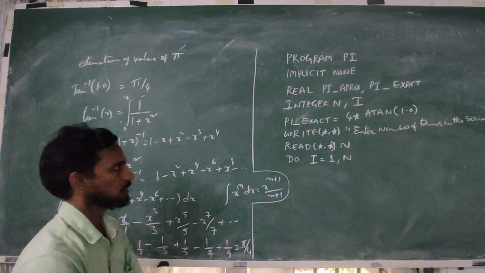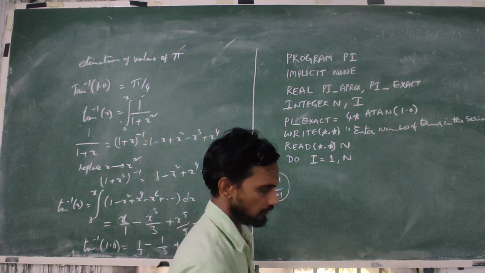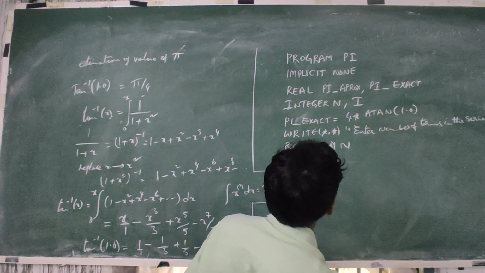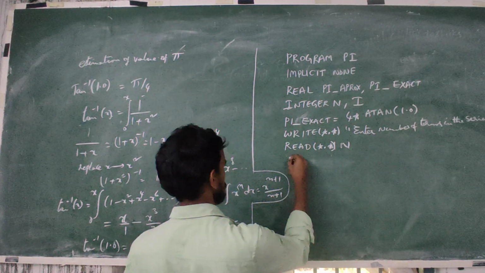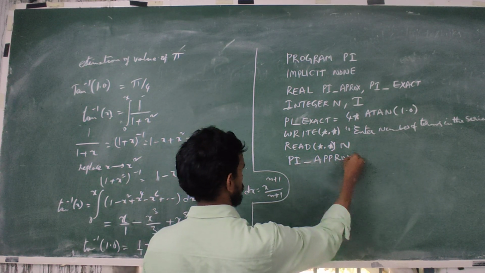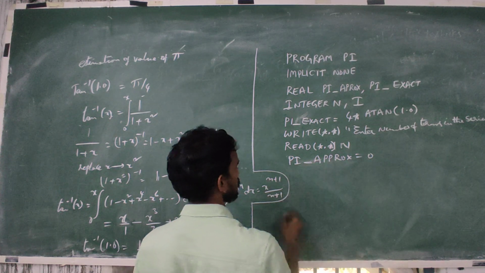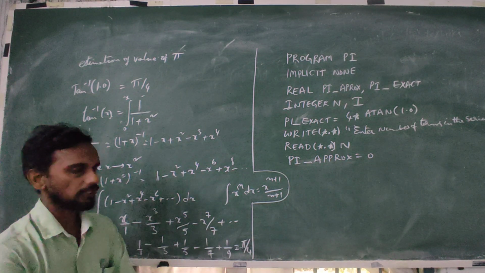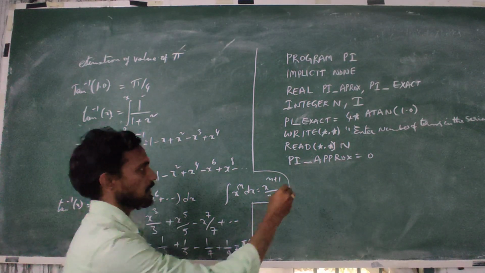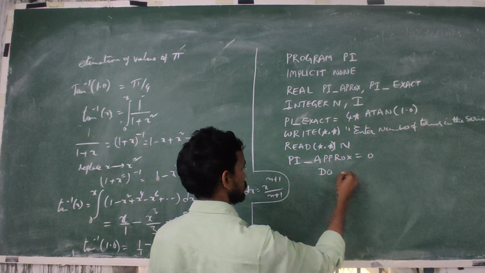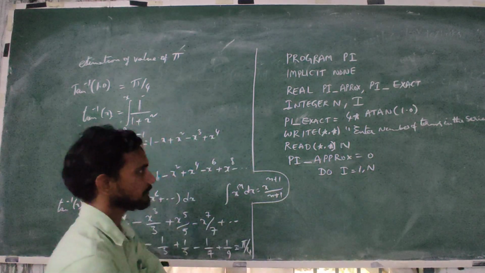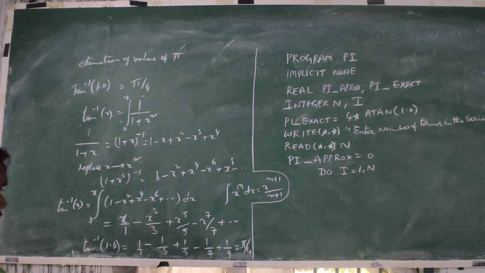Right? So initial value of pi approximation is 0, and then I'm starting with that. Do I is equal to 1 to n.